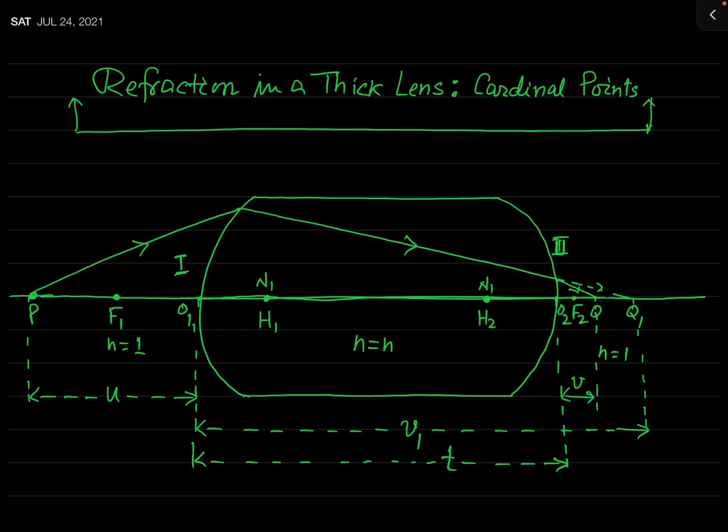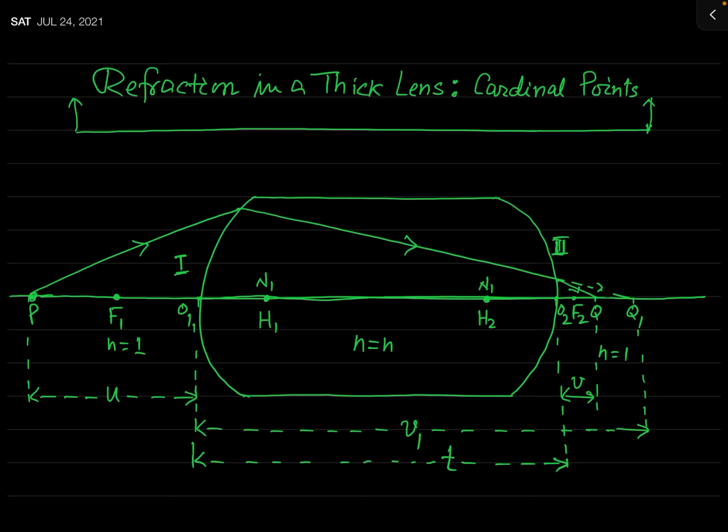First of all, we will see how the image of an object will be formed by refraction in this thick lens. Let us consider that P is a point source situated on the optic axis of this thick lens.